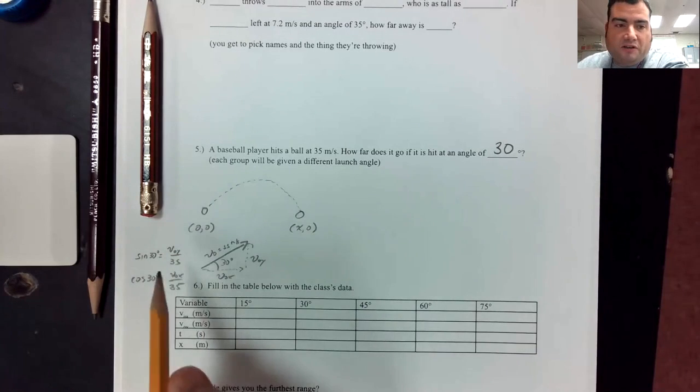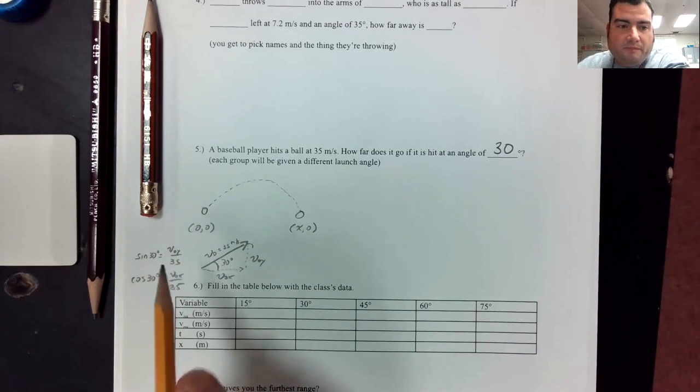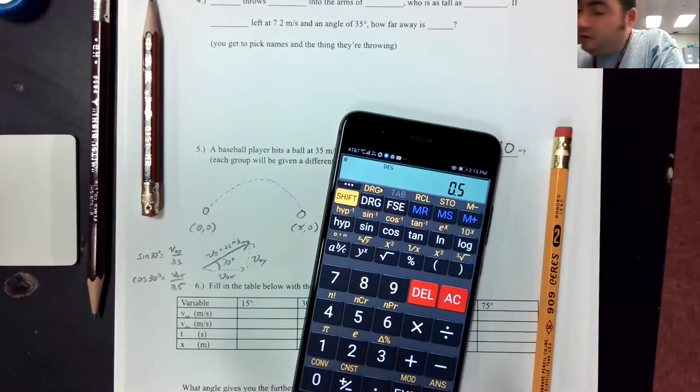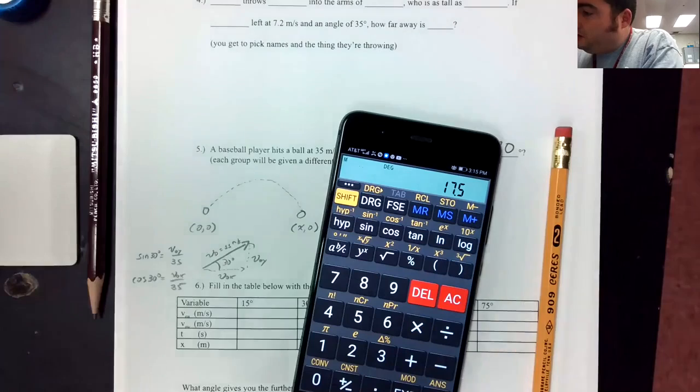So I'm going to just quickly solve for what VOY and VOX are. Sine of 30 is 0.5 times 35. That means VOY is 17.5.